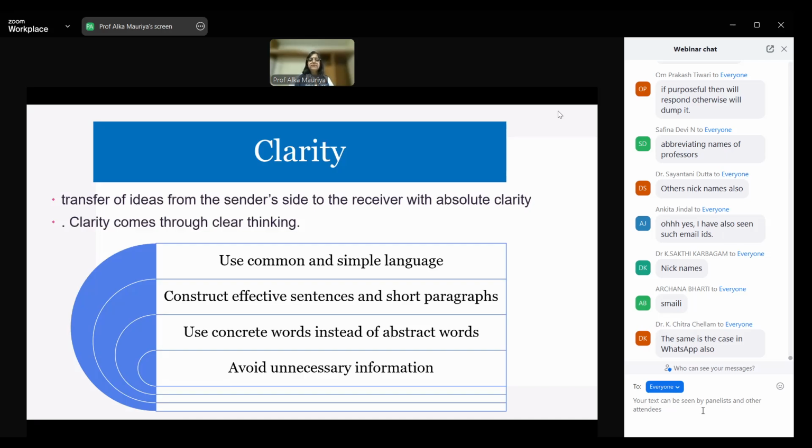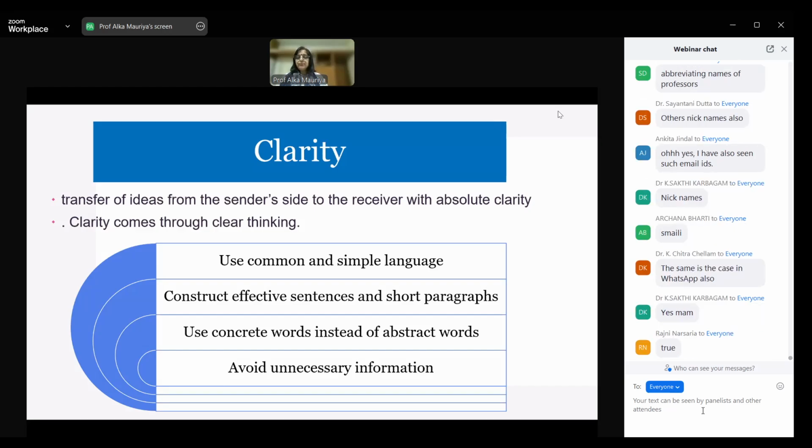When you read, you think, oh, it was such a simple concept, but why has it been put up in such a complex way? This is what I've noticed in some of the books and also in some of the research papers. I don't know how many of you agree with me.